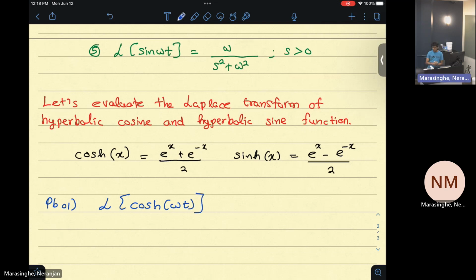Can you give a try? Do not try to use the fundamental integral. Try to use the ideas that we discussed. Because we know the Laplace transform of e to the at. Use that idea. Find the Laplace transform of hyperbolic cosine.